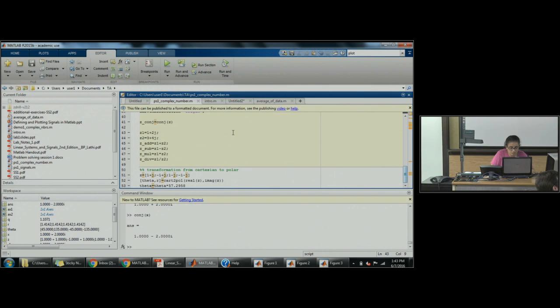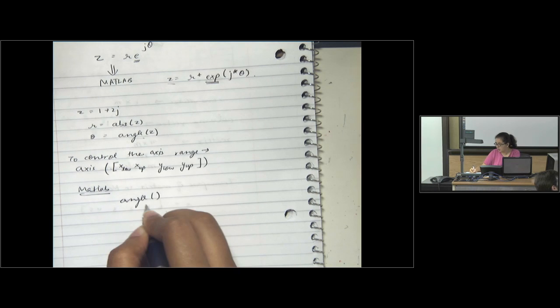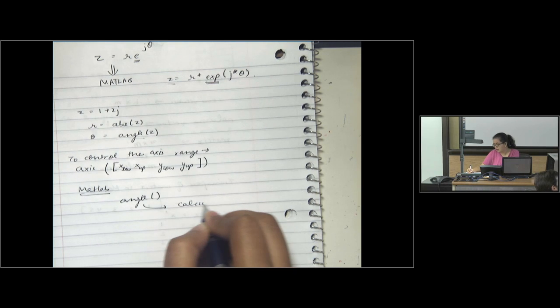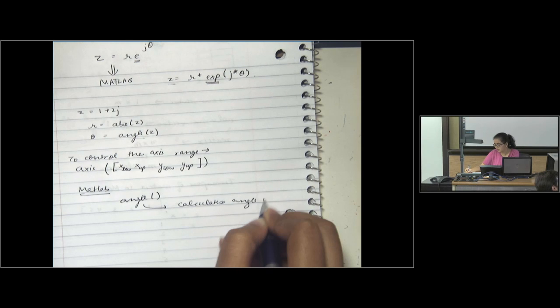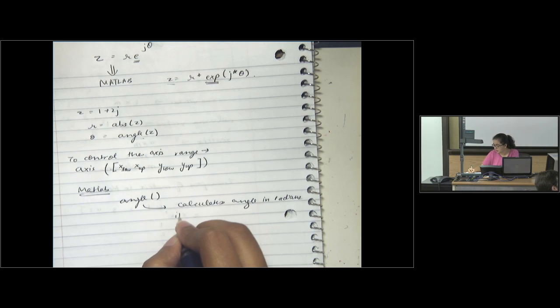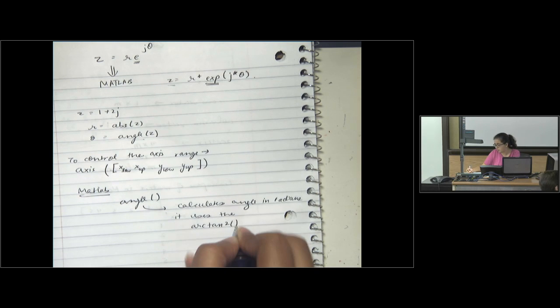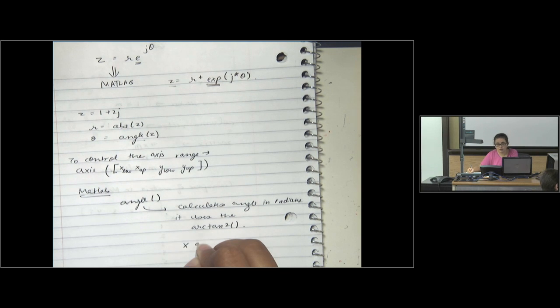Now, for your transformation from Cartesian to polar, let me show you something before we go here. In MATLAB, the angle function calculates your angle in radians, and it uses the arctan2 function for this, not the arctan.